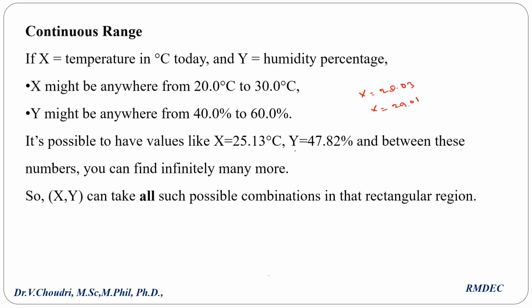The same holds for y also: 47.82 percent, or 42 or 43, 45, whatever it is. Between these numbers, we can take infinitely many more values. That is why x, y can take all such possible combinations in the rectangular region, and that is why it is called a continuous random variable.